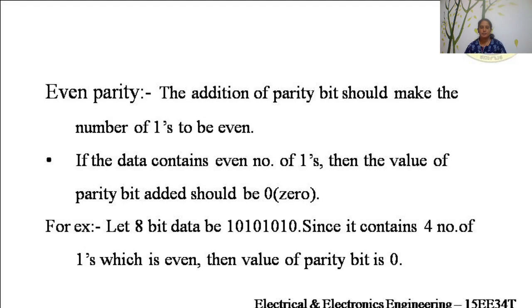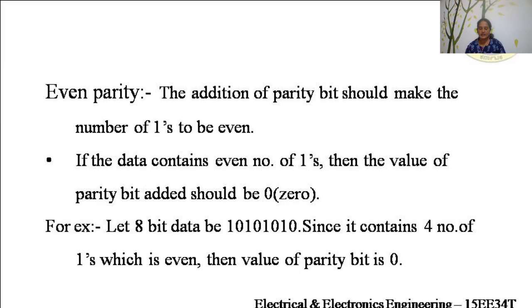One is even parity and the other is odd parity. Coming to even parity. Here, the addition of parity bit should make the number of ones to be even. So, if the data contains even number of ones, then parity bit added should be 0, because the data already contains even number of ones. For example, consider the 8-bit data as 10101010.